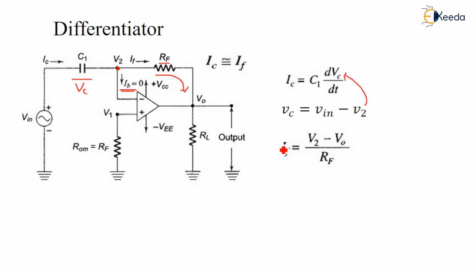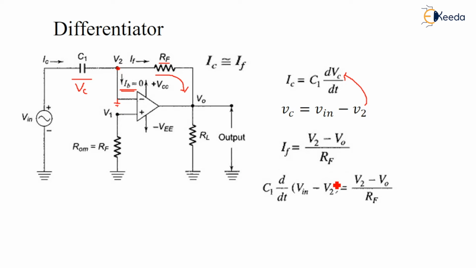Now I'll equate both equations. I'll get C1 times the derivative of (Vin minus V2) is equal to (V2 minus V0) divided by RF. We know the R1 is connected to ground, so because of the virtual ground concept, this V2 will be ground.